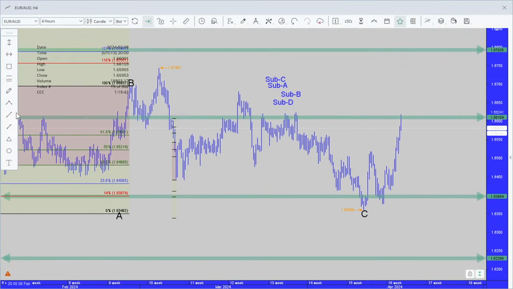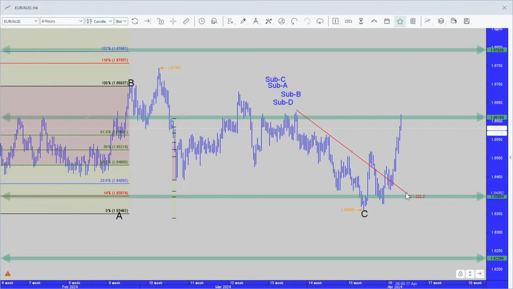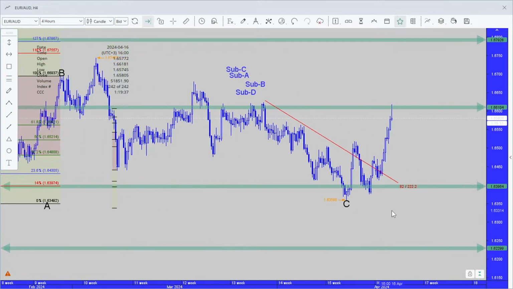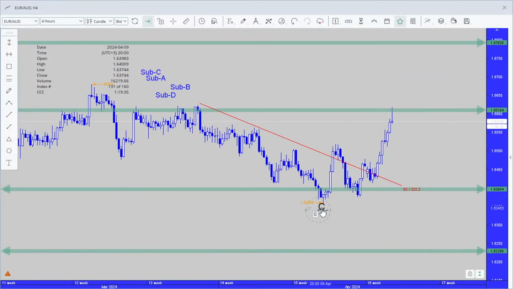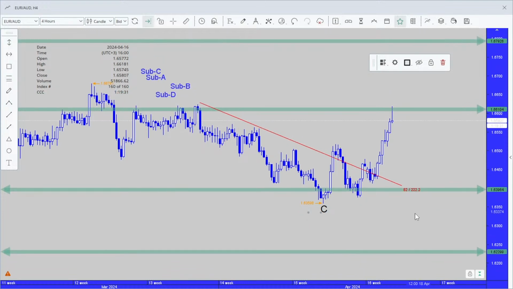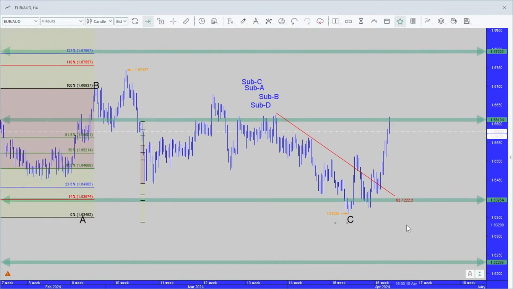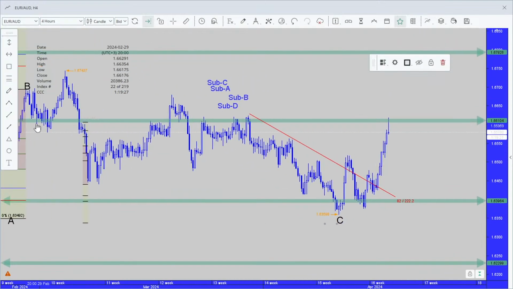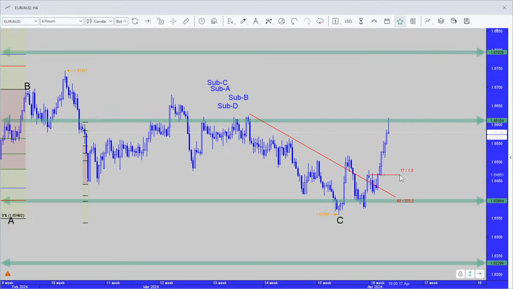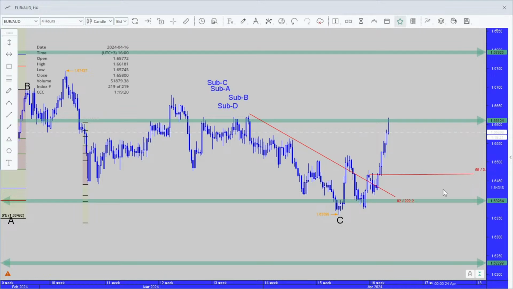So the best entry on Euro AUD for our chart was here. This is the C, counter trendline break, and so the entry, simple trading strategy, would be the entry level in here.